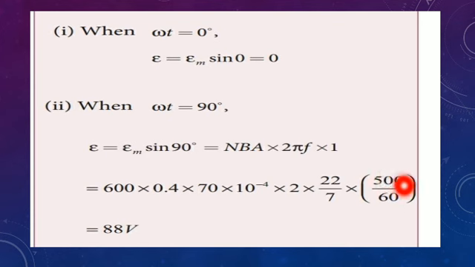So divide again, cancel, and 600 into 70 divided by 7 into 22. If you simplify these values, you will get 88. So 88 volt is the EMF. Okay students, right?